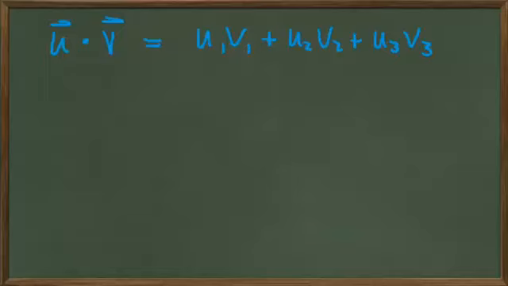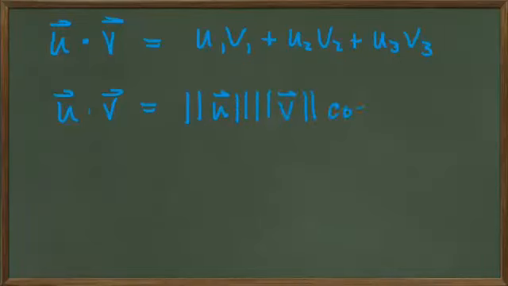The reason that the dot product is important, however, is that when we take the dot product of two vectors, that turns out to be the norm of the vector u times the norm of the vector v times the cosine of the angle between the two vectors if we draw them in the plane, where this is the vector u and this is the vector v.